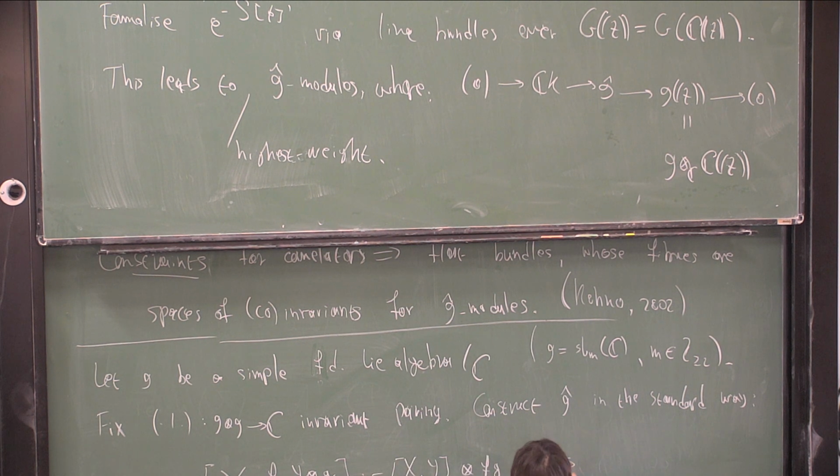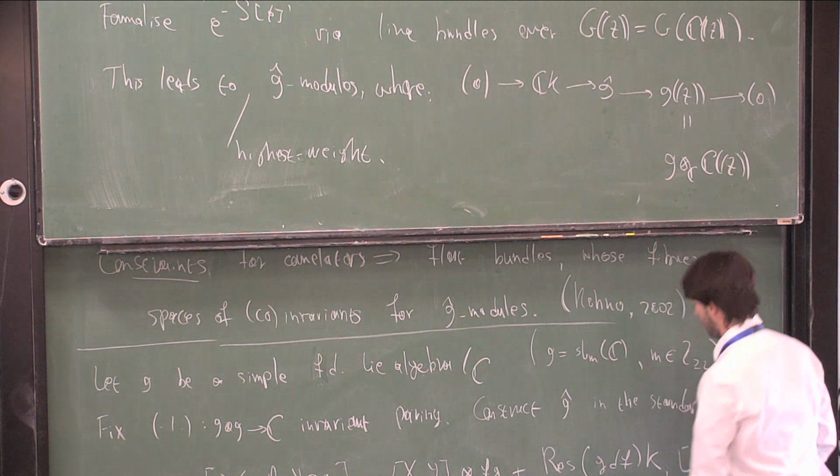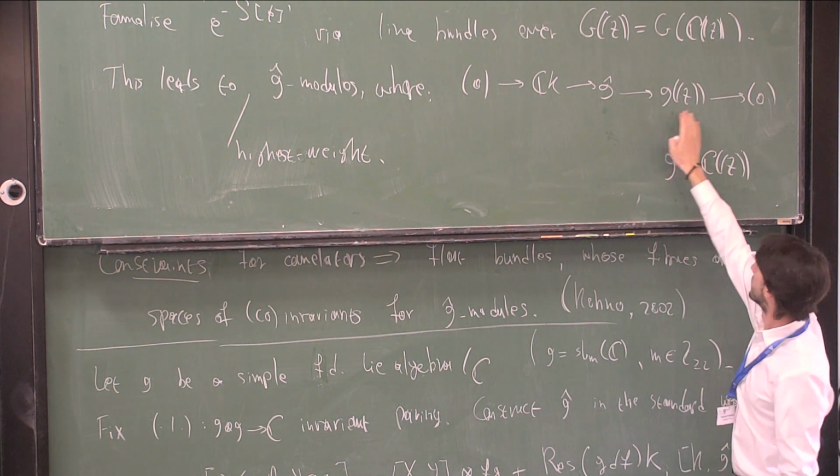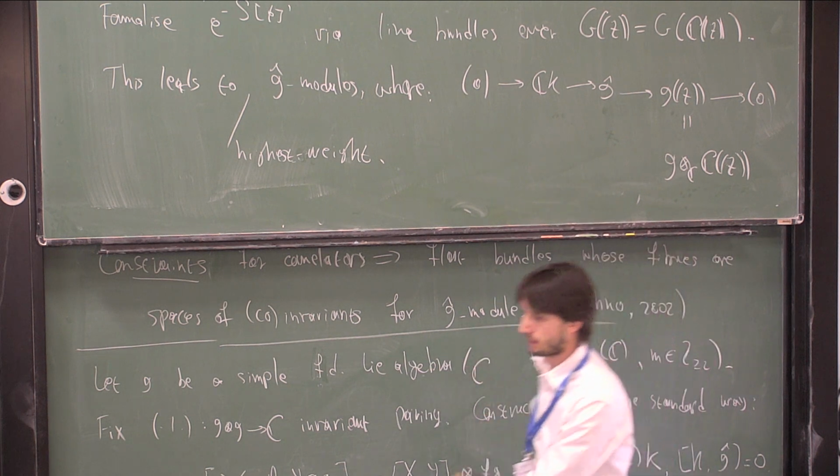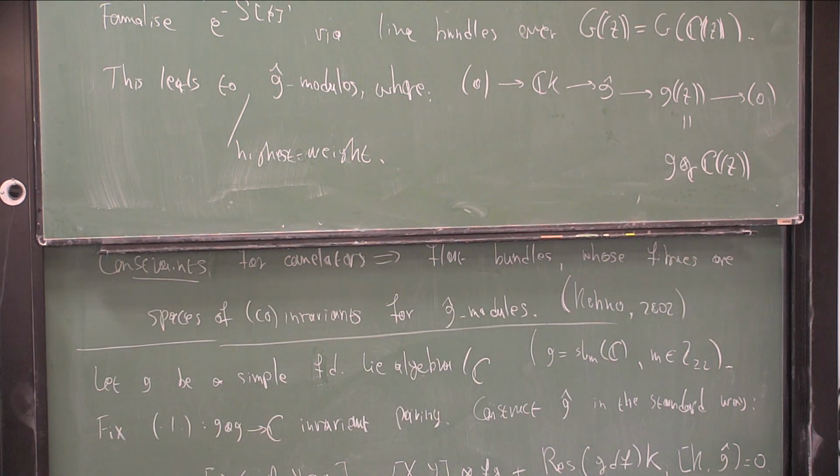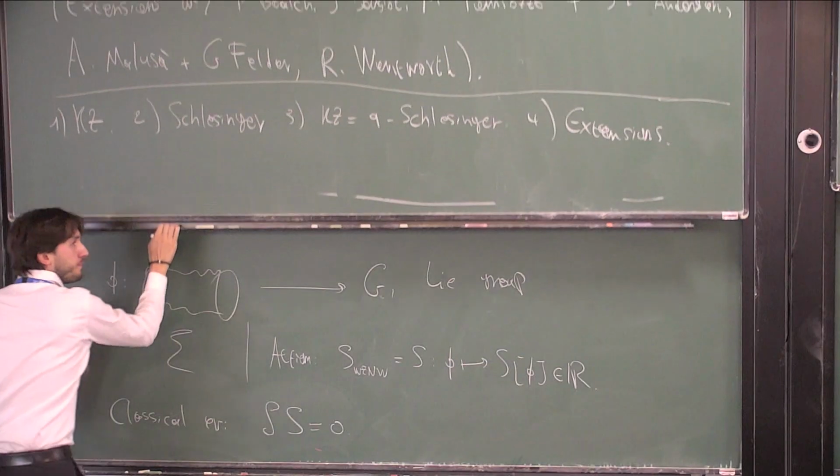So you take some residues. And then you impose that K is central, okay? So on this vector space, which is the sum of this plus this line, you now have this Lie algebra.